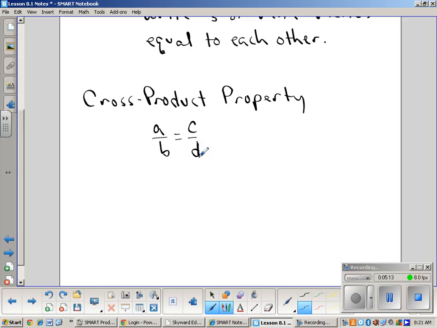My ratio A over B is equal to my ratio C over D. And if I want to rewrite this so it's no longer in ratio form, we can use the cross products property to do that. And what would that give me then? A times D is what? C times B. I'll go ahead and write it B times C. Okay, so AD is equal to BC. It's the cross products property.